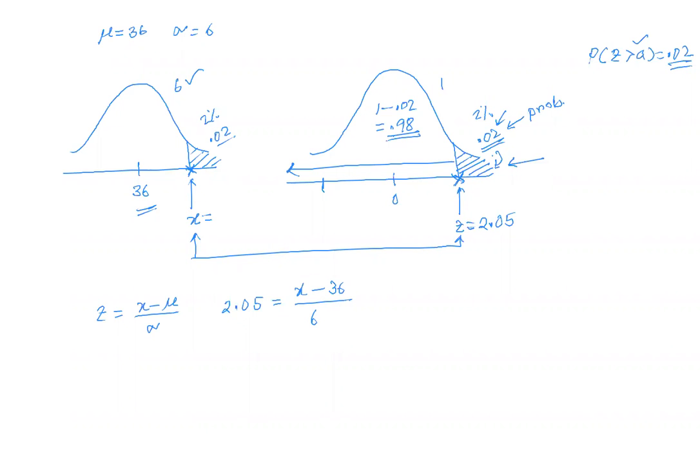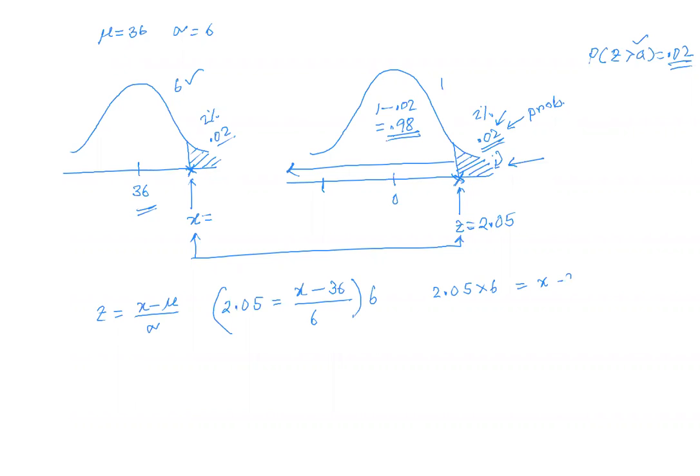Now you multiply both sides by 6, and that gives you 2.05 times 6 is equal to X minus 36.